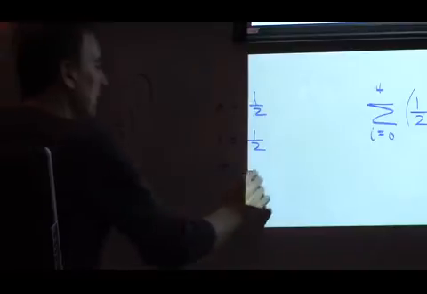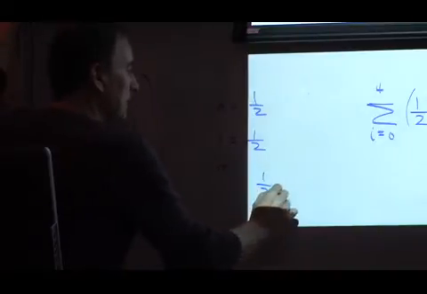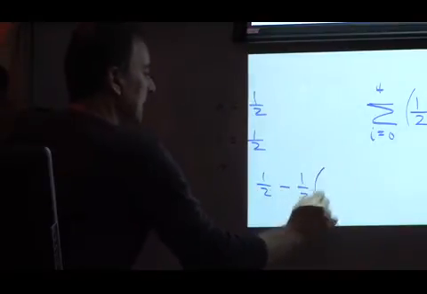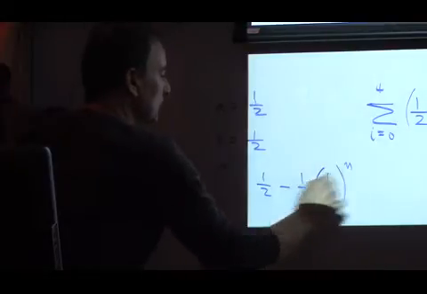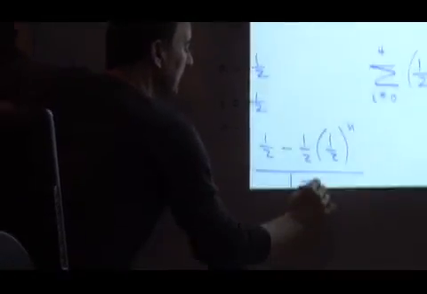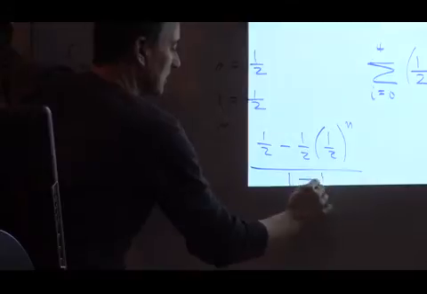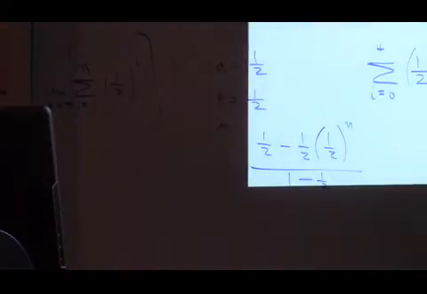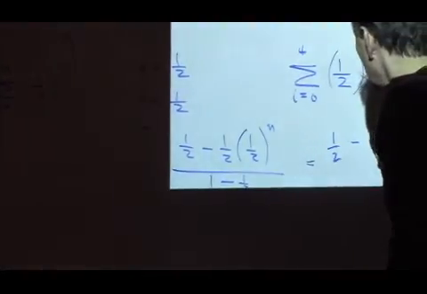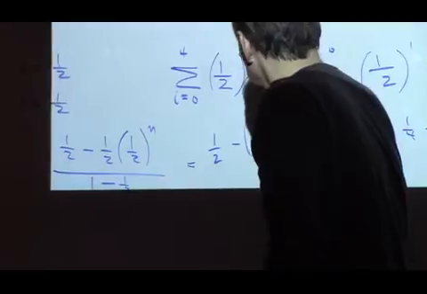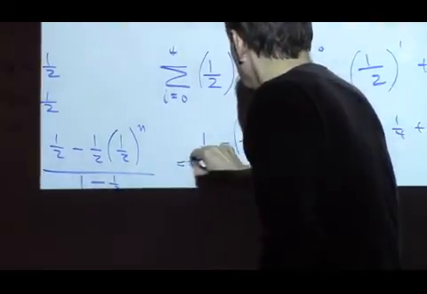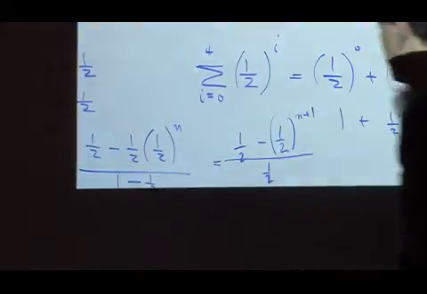So we're going to have 1/2 times 1 minus the ratio to the number of terms over 1 minus the ratio. So we're going to get 1/2 minus 1/2 to the n plus 1, over 1/2.